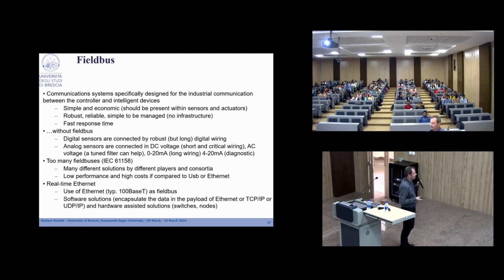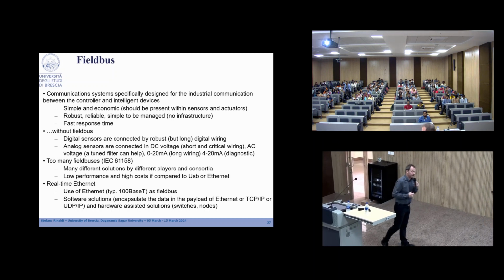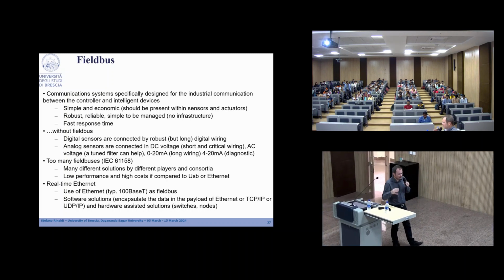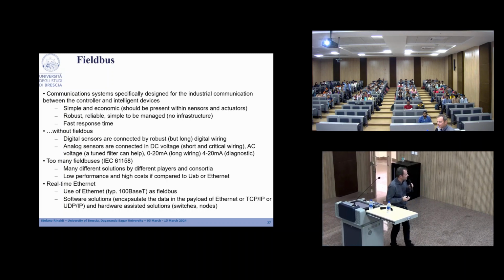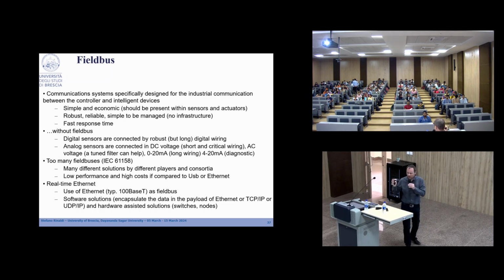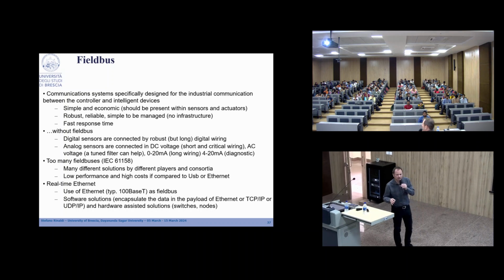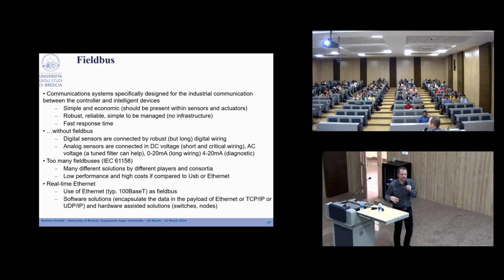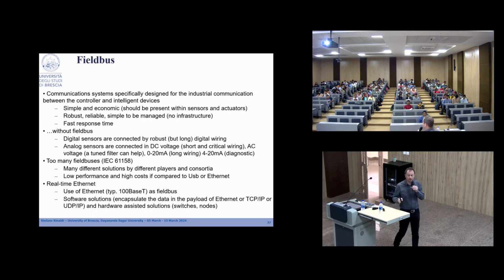The problem of the industrial field bus is that during the last probably 40 years, the manufacturers of devices for industrial automation, like Siemens, Rockwell Automation, Bosch, Schneider Electric, and so on, designed approximately 10, 15 different types of field bus systems, each of them more or less with the same characteristics, and with proprietary protocols.